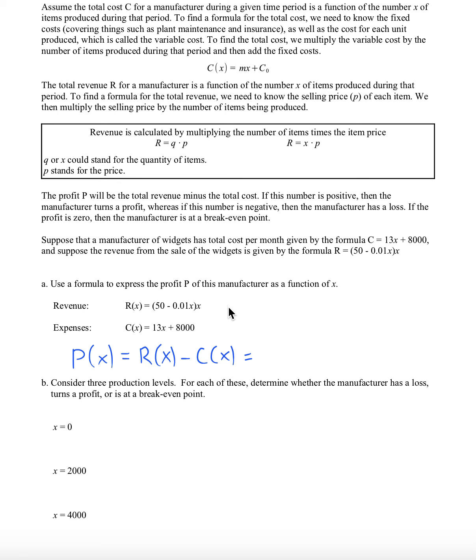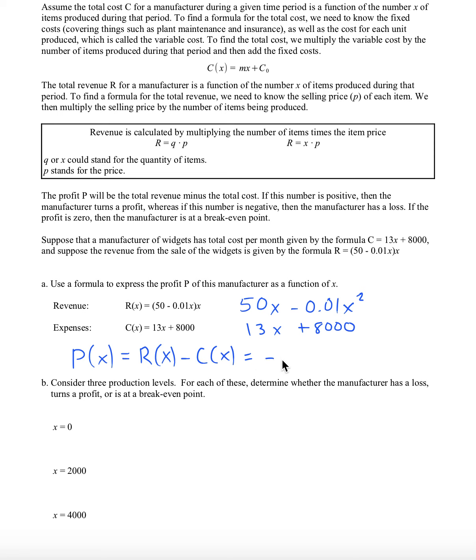Notice that the revenue can be rewritten as 50x minus 0.01x squared if you distribute the x. And the cost is simply 13x plus 8,000. We just want to subtract them.